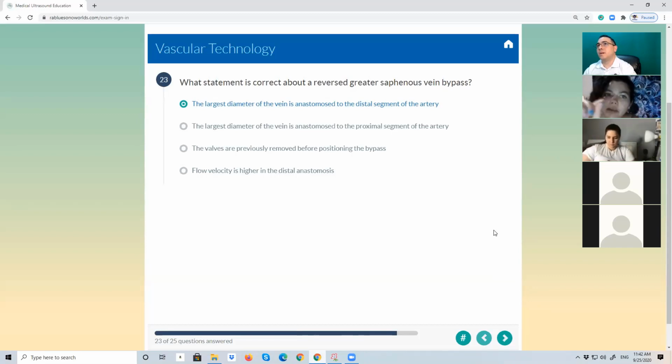Wouldn't that mean that's the smaller diameter? No, because now the greater diameter is below. Think about it. I don't understand. Remember, in normal conditions you have the great saphenous vein diameter.